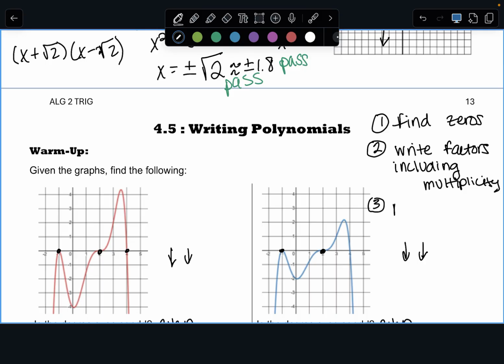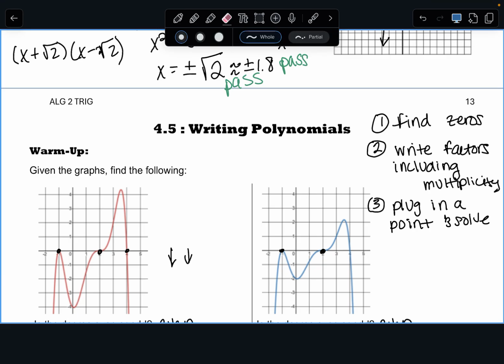Step 3, we plug in a point and solve for the leading coefficient, or A, whatever you want to call it. And then our last step is just to rewrite that equation with A. So rewrite your equation from step 2 with whatever A value you got in step 3.